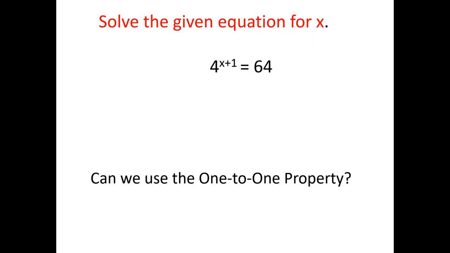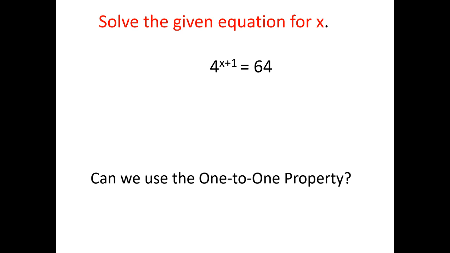So let's see. Can I use my one-to-one property for a problem like this? We have 4 to the x plus 1 is equal to 64. Well, we don't see an exponent there, but the answer would be yes, right? We can possibly use our one-to-one property if we can convert the 64 to be an exponential number.